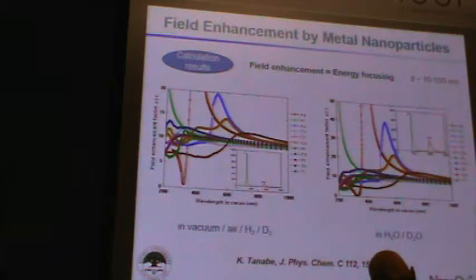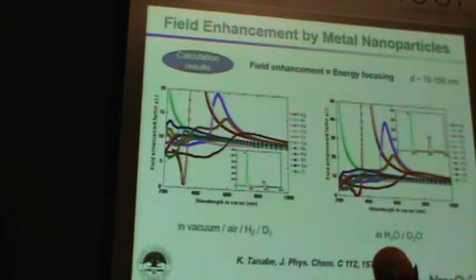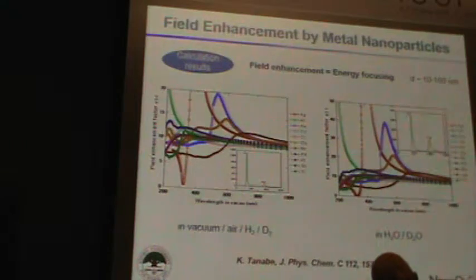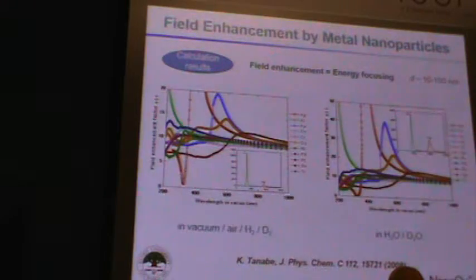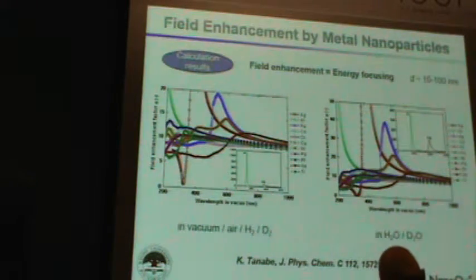For both the liquid phase and gas phase experiments, by utilizing metallic nanoparticles, we can expect to enhance or localize the energy of the electromagnetic field around the metal.